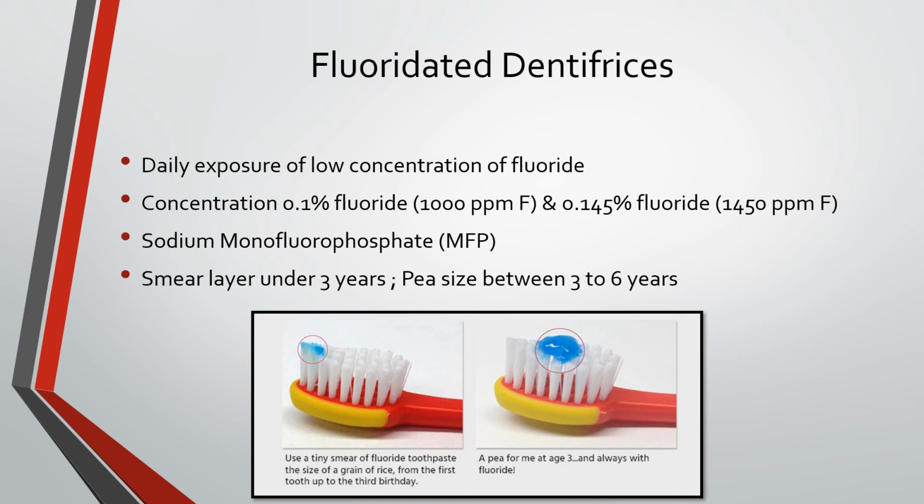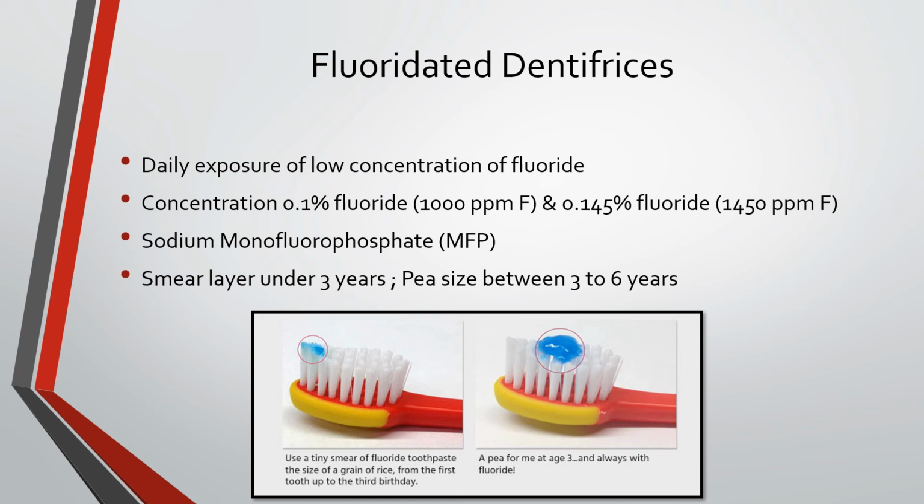So we here have a dilemma that most of the toothpaste which is advertised for use for kids, they have 500 parts per million of fluoride and 750 parts per million of fluoride. But technically, if you see, they are not very useful in prevention of caries. So you really have to use a fluoridated toothpaste which contains 1000 parts per million of fluoride or up to 1450 parts per million of fluoride.